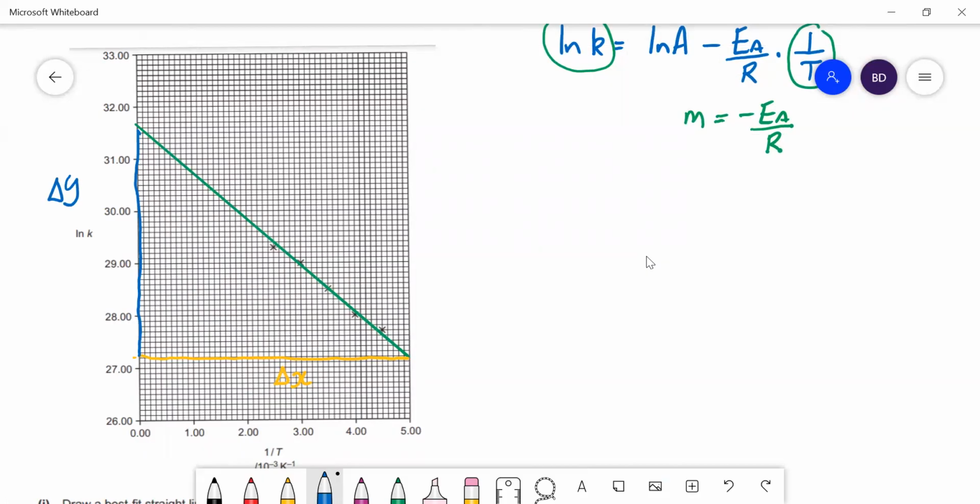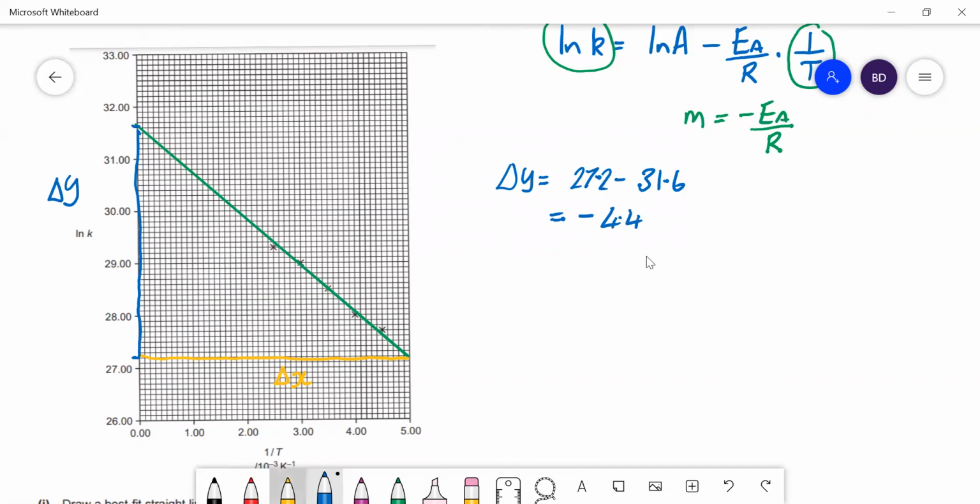So what is delta Y equal to? The change in Y, well, I make that 27.2 minus 31.6 about there. So that's equal to minus 4.4.